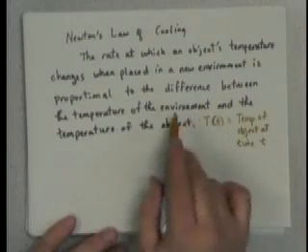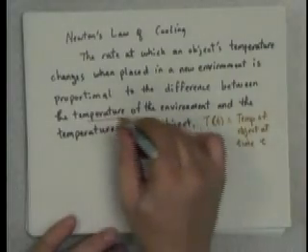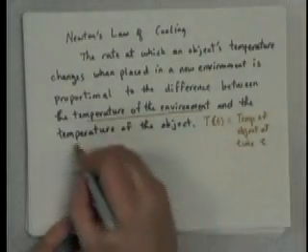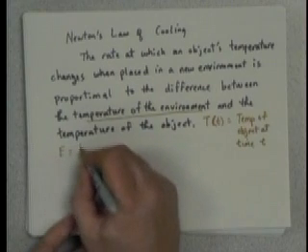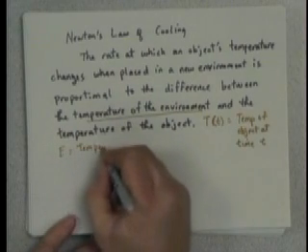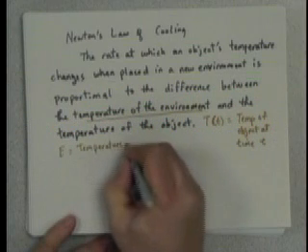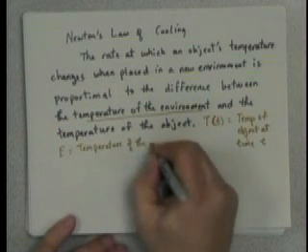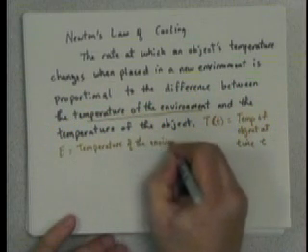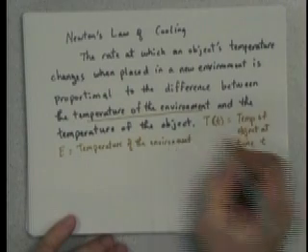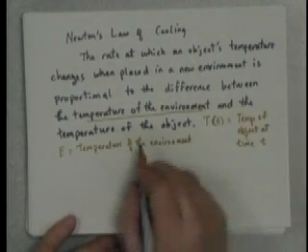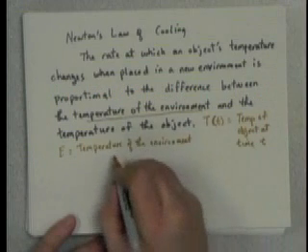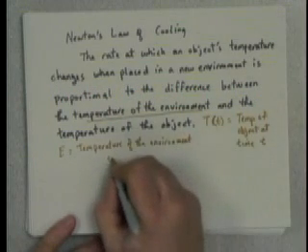Proportional to the difference between the environment. I need some variable for the temperature of the environment. So we'll say E is the temperature of the environment. And for the sake of just this problem, we're going to say it's constant.